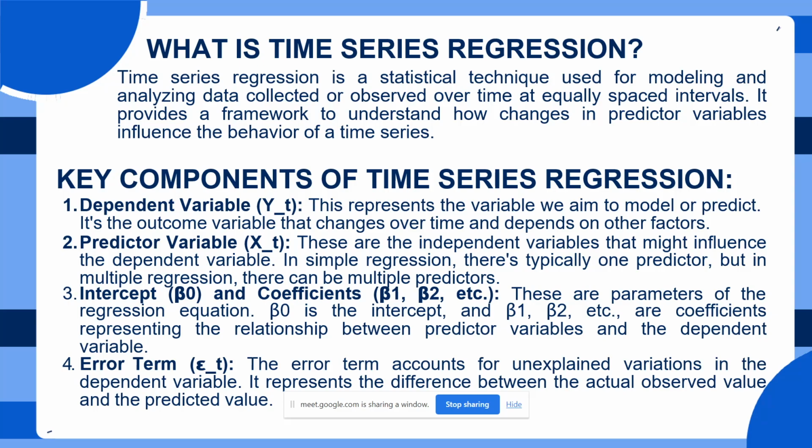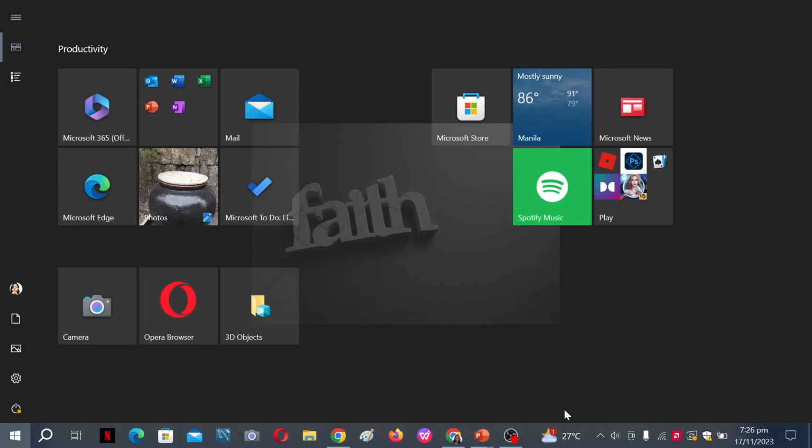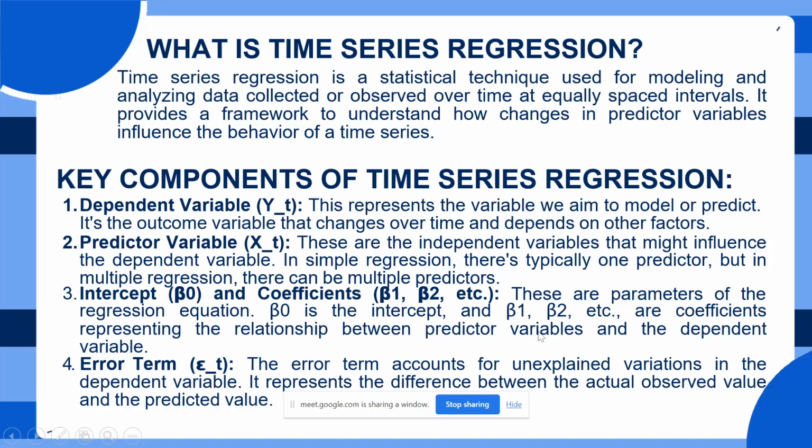So next, we will tackle what is time series regression. Time series regression is a statistical technique used for modeling and analyzing data collected or observed over time at equally spaced intervals. It provides a framework to understand how changes in predictor variables influence the behavior of a time series.